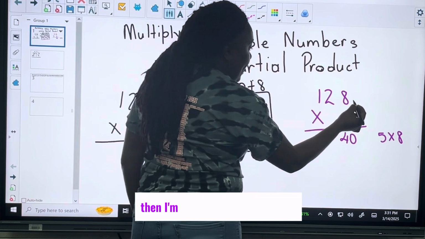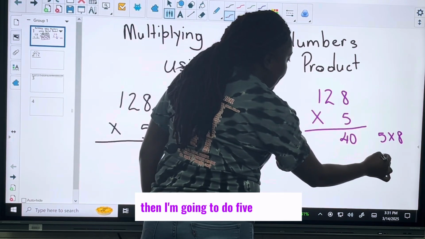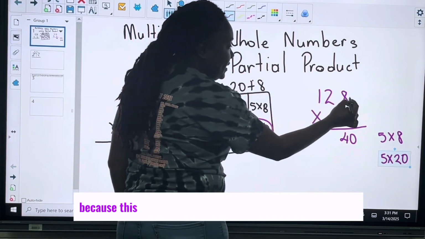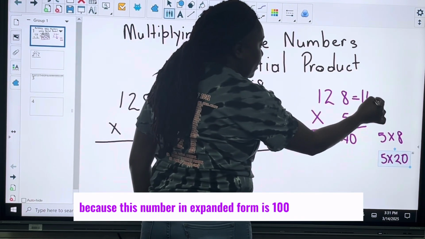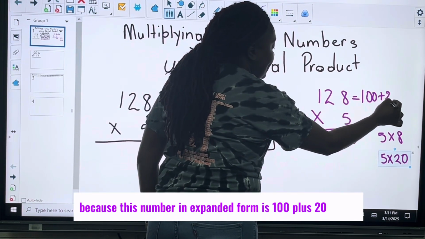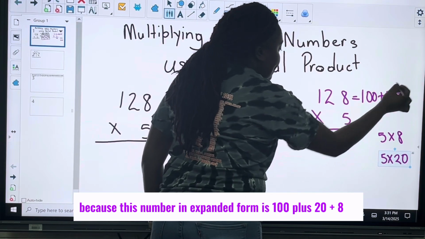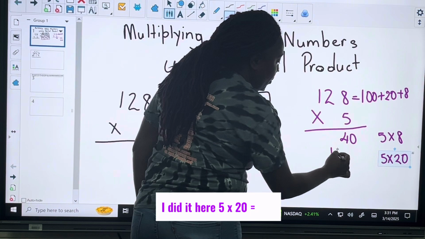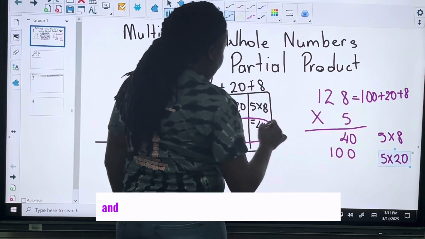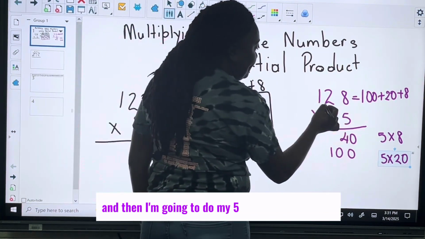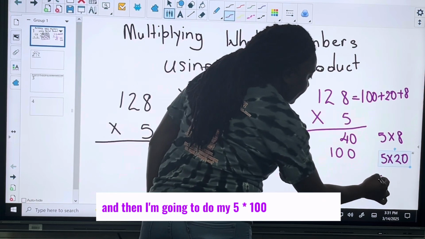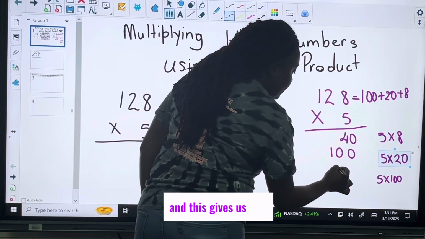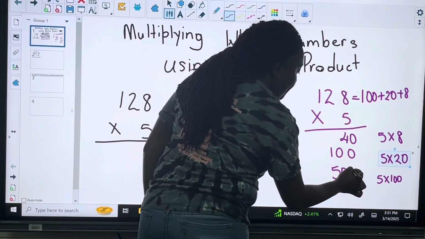Then I'm going to do 5 times 20, because this number in expanded form is 100 plus 20 plus 8. Now I did it here. 5 times 20 equals 100. And then I'm going to do my 5 times 100, and this gives us 500.